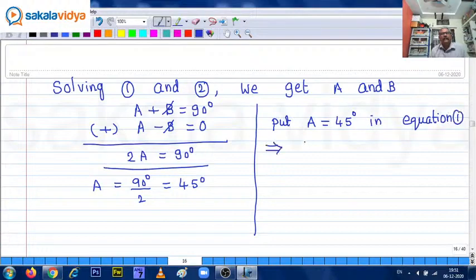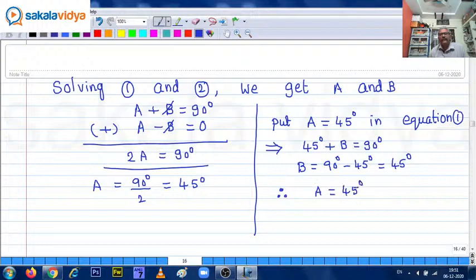So we have 45 degrees plus b equals 90. b equals 90 degrees minus 45, so you get 45 degrees. Therefore a equals 45 and b equals 45. Both are equal. 45 plus 45 is 90. A and b are said to be complementary angles also.